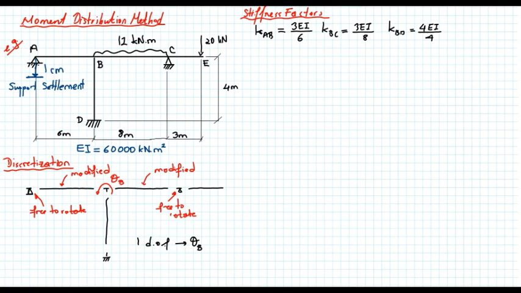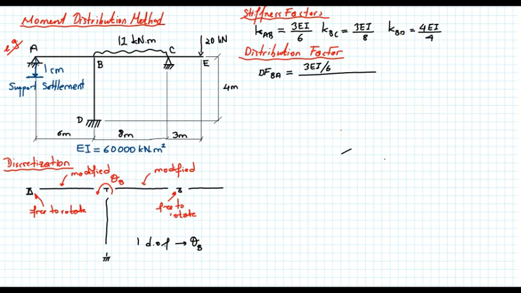Now, the next step is to calculate the distribution factor. Okay, let's calculate that. Distribution factor BA is equal to the stiffness factor of AB, 3EI over 6, divided by the total stiffness at point B. I got 3 members joining at B, so I should have 3 stiffness factors.